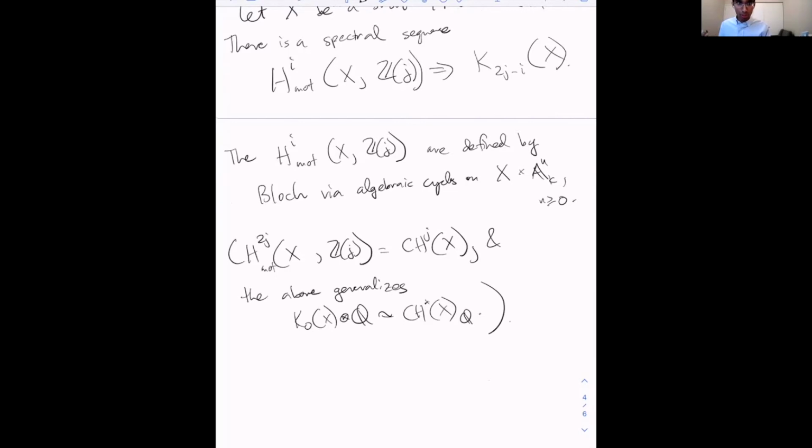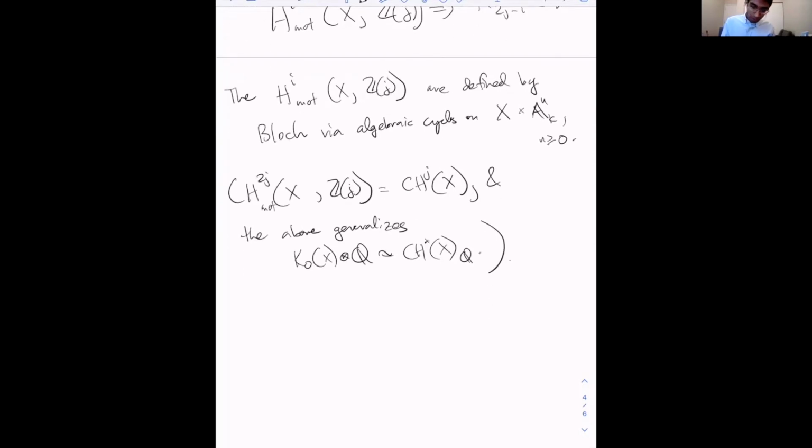The Z(j)'s are rather large complexes in general, but another crucial ingredient in K-theory is that these complexes of algebraic cycles can be identified in a completely different way with mod L coefficients.